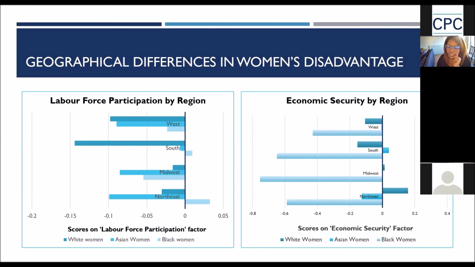On the left is economic security, and we can see that despite having above average scores in labor force participation in the South and the Northeast, Black women have consistently below average scores in economic security across the regions, with the lowest in the Midwest.